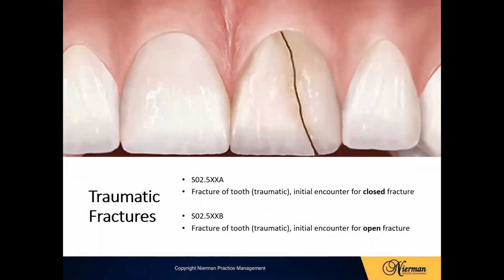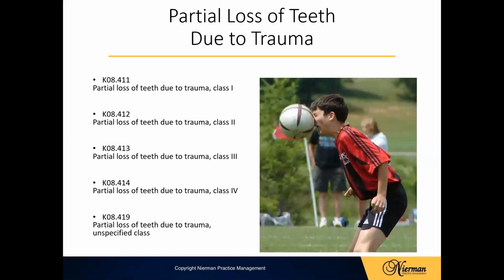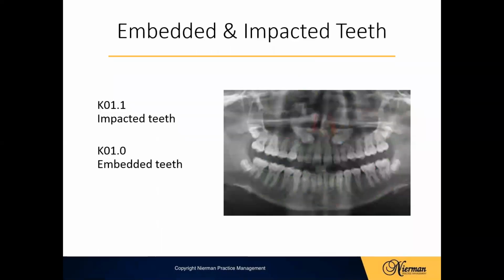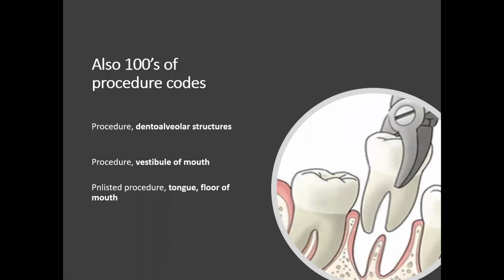And for the patient who comes in with a traumatic fracture, there are specific codes, whether it's closed or open, as well as partial loss of teeth due to trauma that you can use for trauma cases too. And again, we mentioned that many times you'll see extractions paid for, so you're certainly going to want to make sure that you have your codes for impacted and embedded teeth as well.